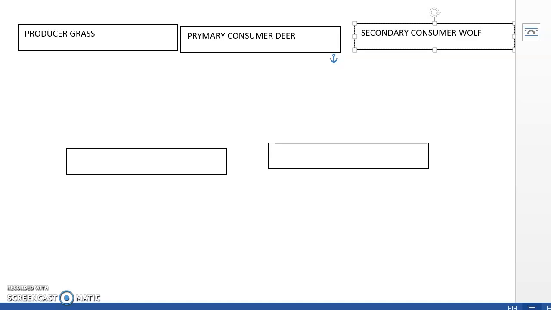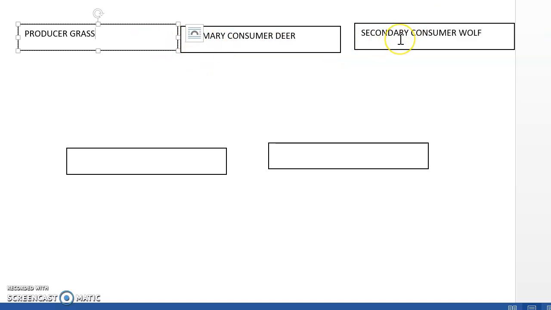So, for this food chain, there's 3 parts. Your producer, grass, that gets its energy from the sun via photosynthesis. Your next primary consumer is your deer. It eats the grass. So there's a 10% energy loss going on here. Okay?